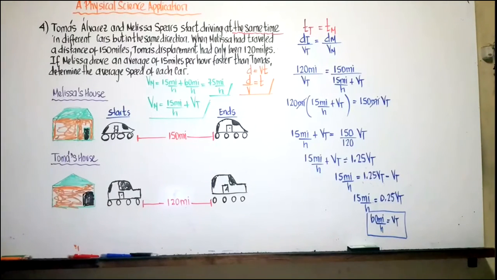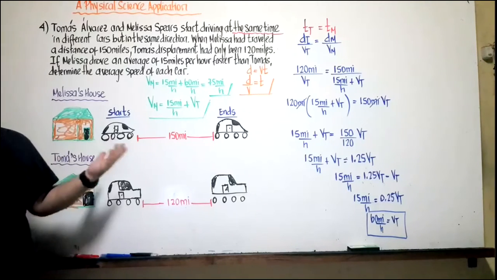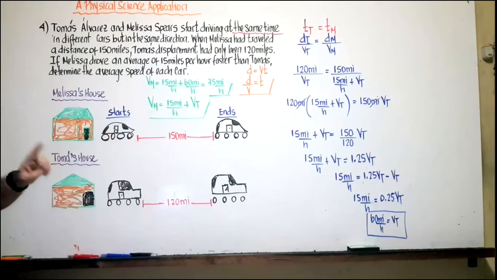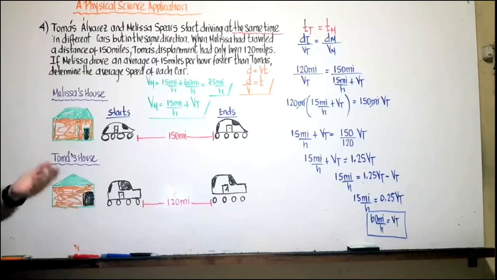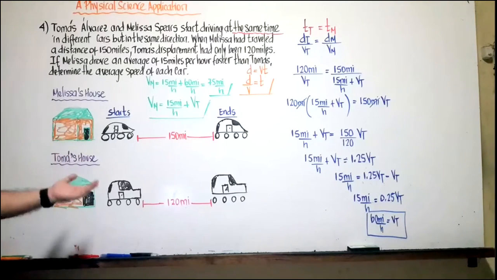The only thing we have to do is divide any quantity. For example, to know the period of time of Thomas, we divide 120 by 60, and that will be 2 hours. And for Melissa, you have to divide 150 by 75, and that will be 2 hours.